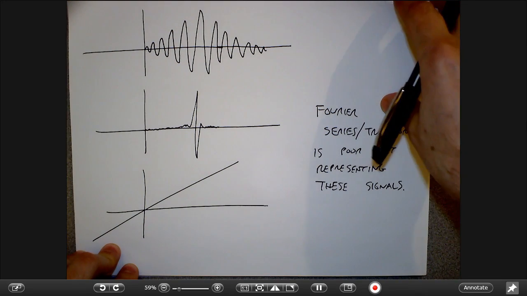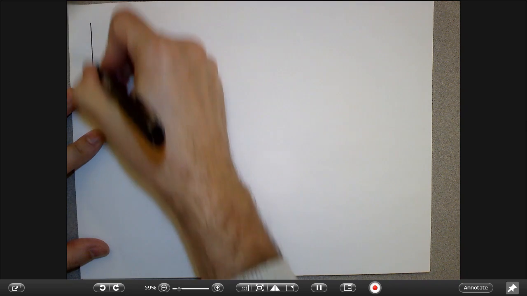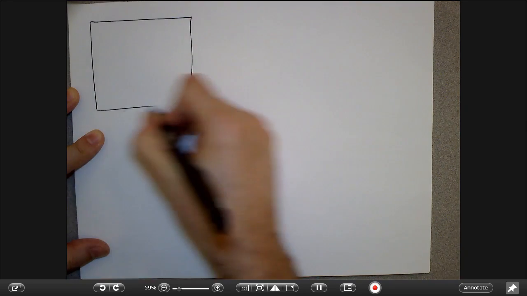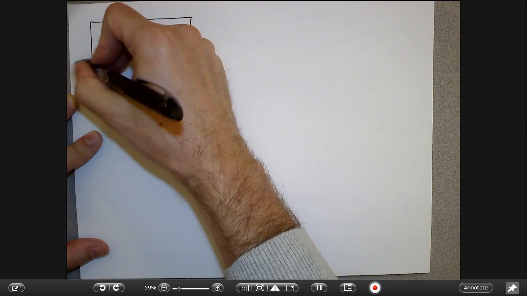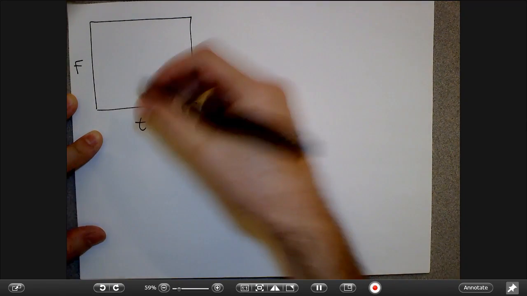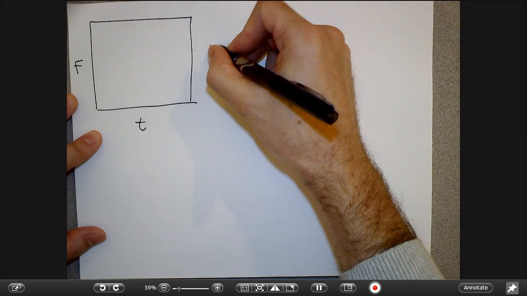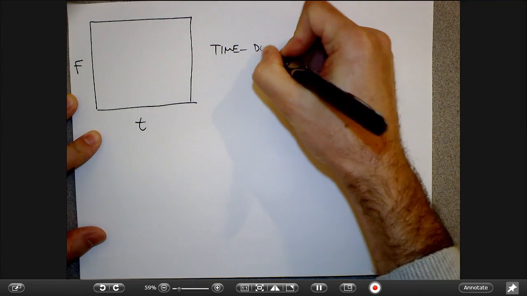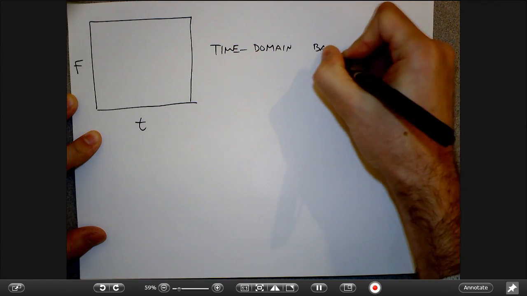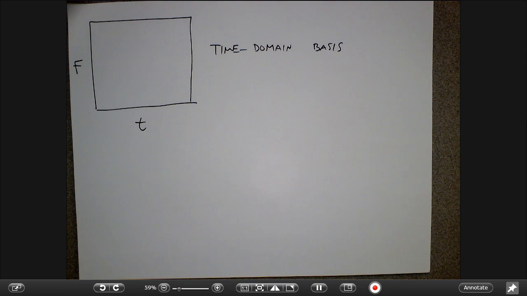And so this is the very crudest way of thinking about it: what you learned about in class so far are two bases for representing a signal, right? So if this is time and this is frequency, the first thing you learned about in signals and systems, for example, is a time domain basis, where if I tell you, okay, I'm going to give you n numbers to represent the signal, the first way you represent it is by actually looking at the signal at n given values in time.